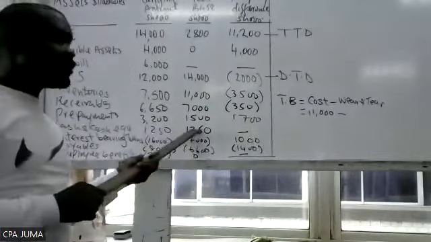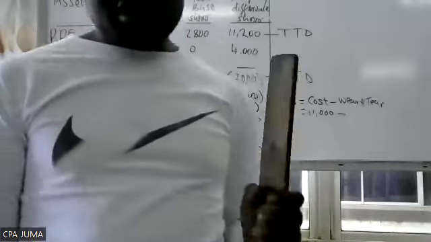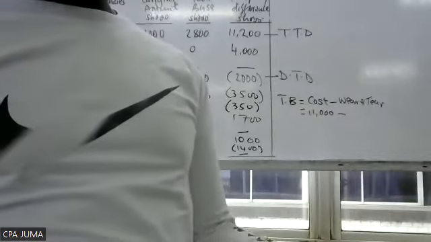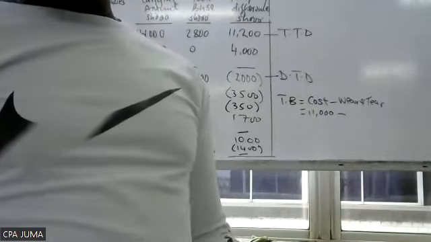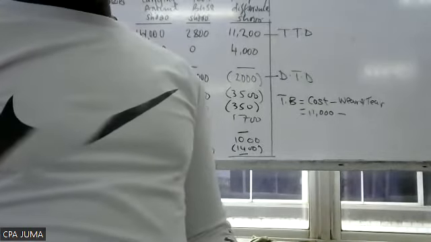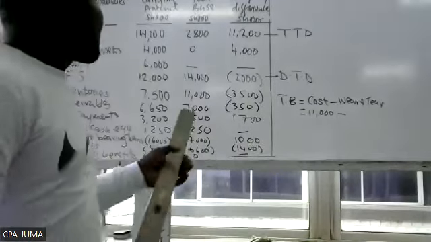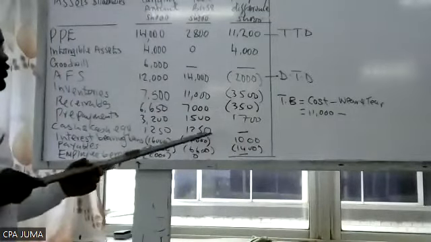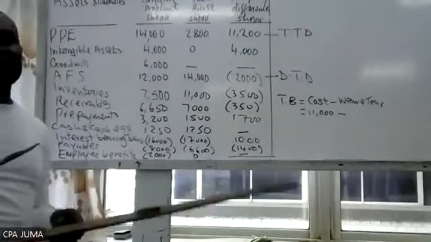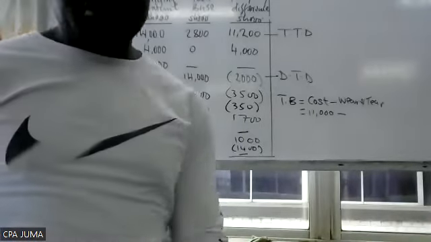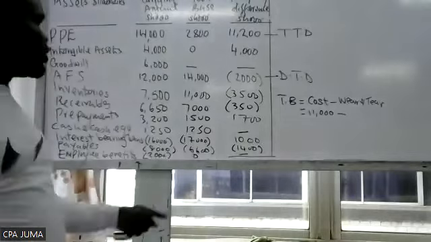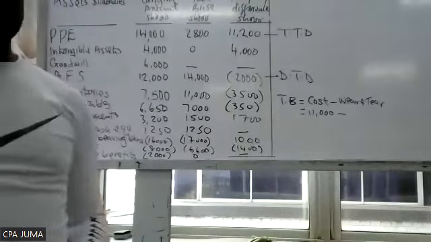Then again, Boniface, how did you get 7K under receivables? So I want to see where the 1250 is coming from and the 7 is coming from. That is on the online platform. Otherwise, you are saying total is 10,650.